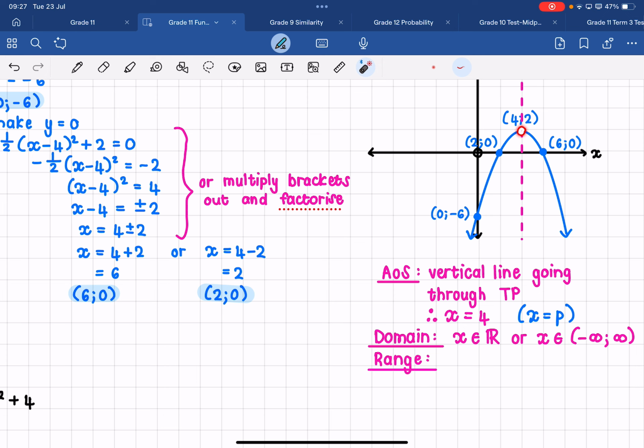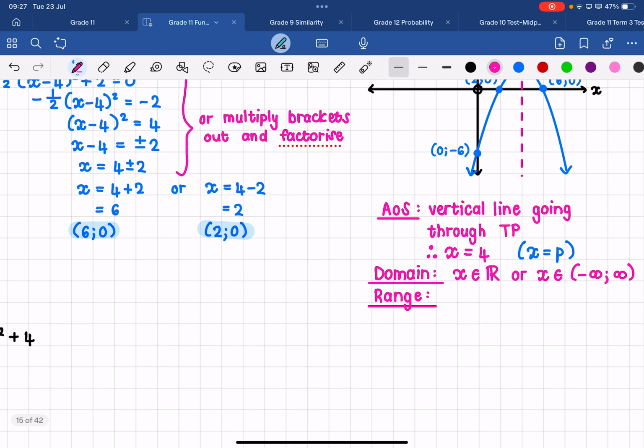Everything smaller than 2. Okay, so for this you're going to say y is smaller than or equal to 2, because the graph is underneath, below y equals 2, right? So this graph is only going to have y values 2 and then smaller than 2.